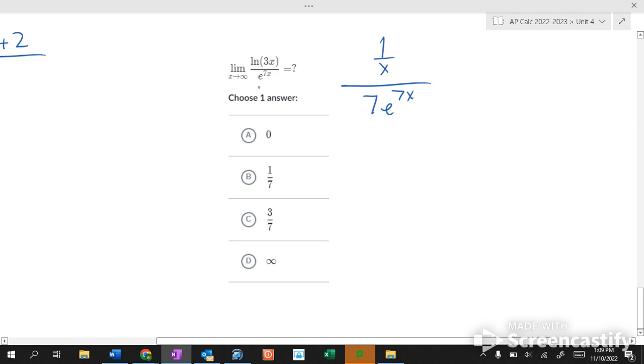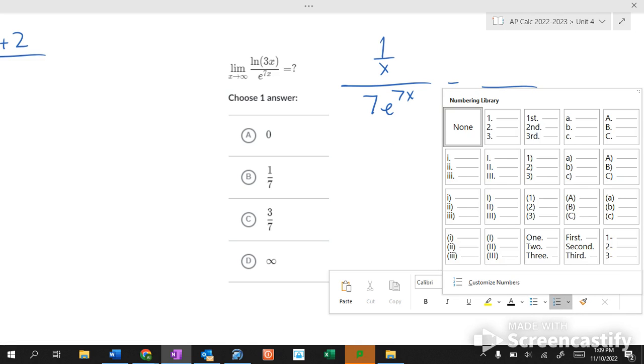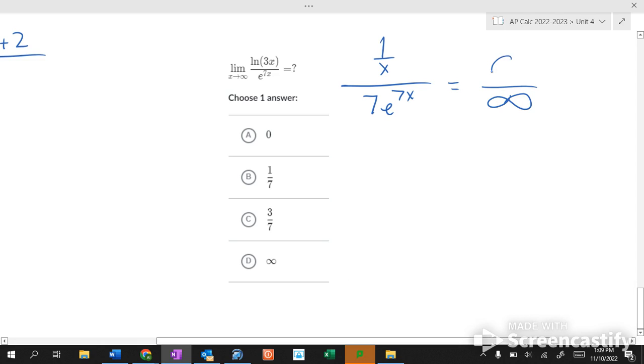Well, if this is infinity at the start, what would the bottom be? Infinity. What would the top be? What's 1 divided by infinity? 0. What's 0 divided by infinity? Well, 0 divided by anything is 0.